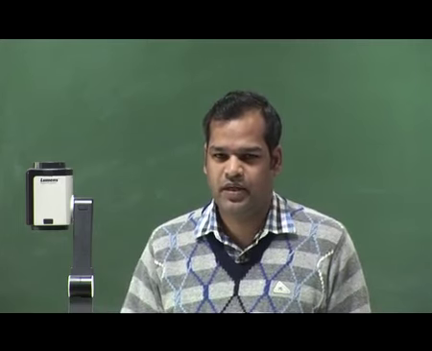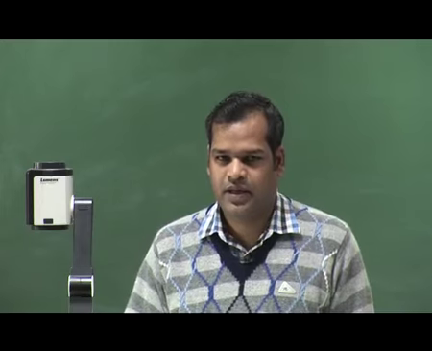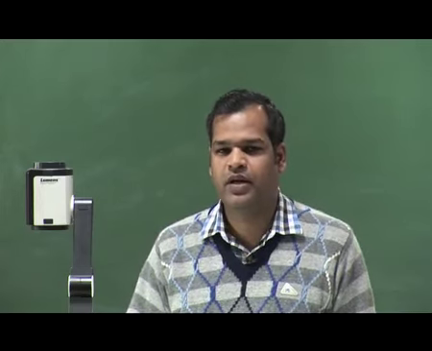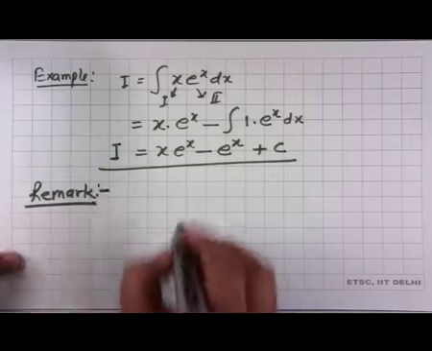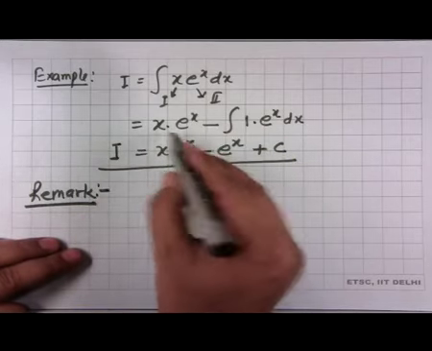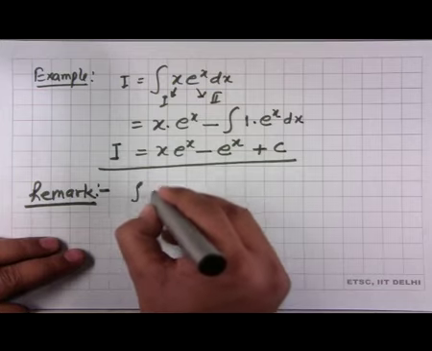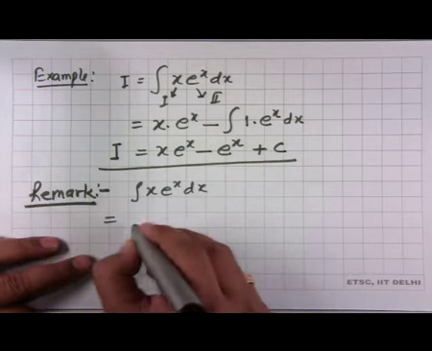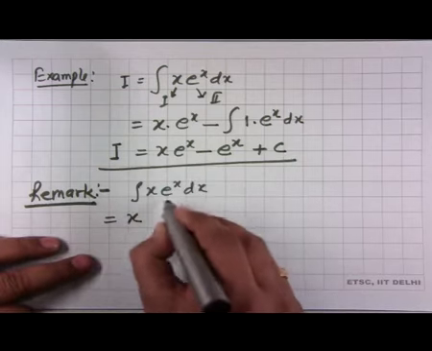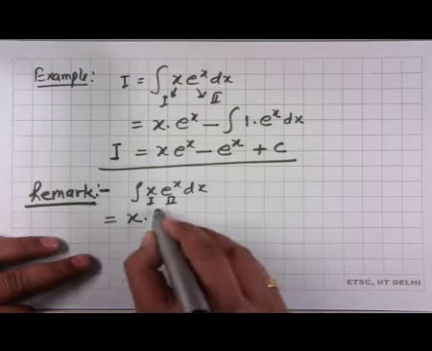What is important, and you may note here, is that whenever we are integrating during use of the formula, we are not using a constant. Let me put it here for you and see what happens. Suppose that during the process of integration we had used the constants, then the integral of x e raised to power x dx would have taken the form of first function times the integration of the second.